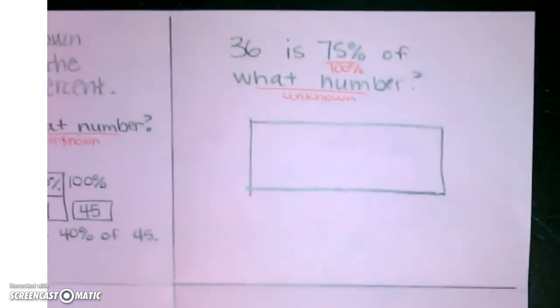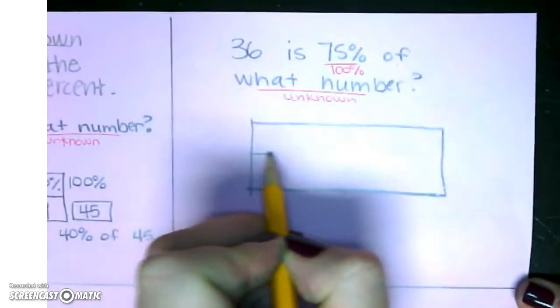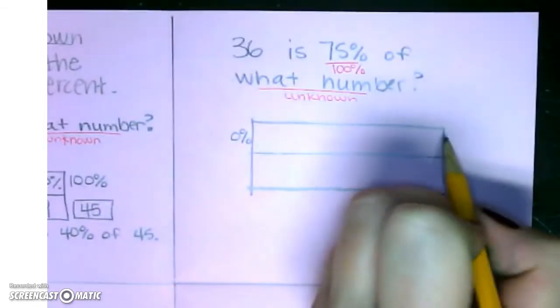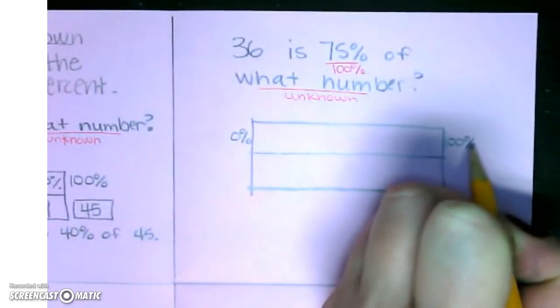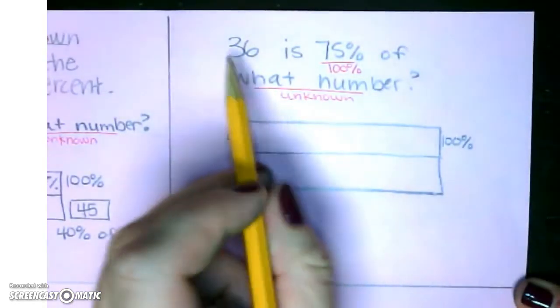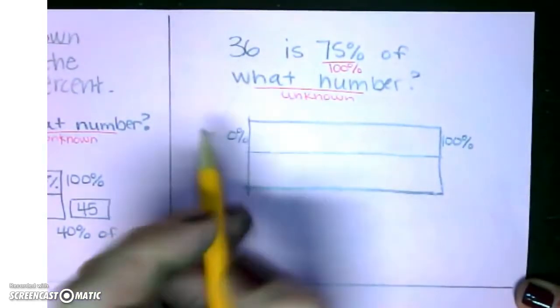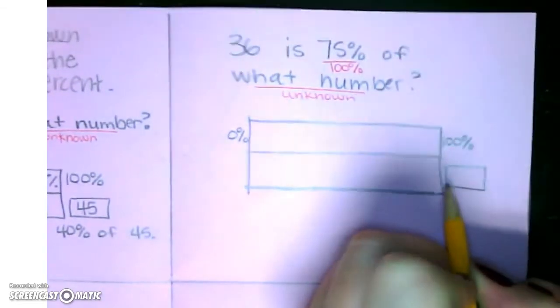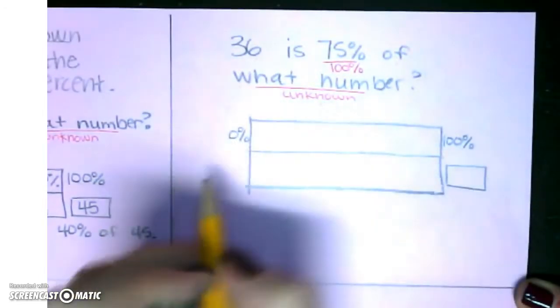So let's start with our diagram. I drew my rectangle a moment ago. The top portion of my bar diagram is representing percents, again, always going from 0 up to 100. And the bottom portion is representing my number. Now, I don't know what the whole number is because it's unknown.